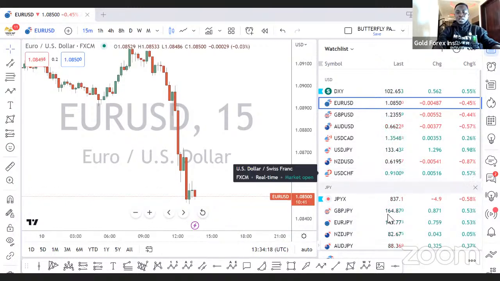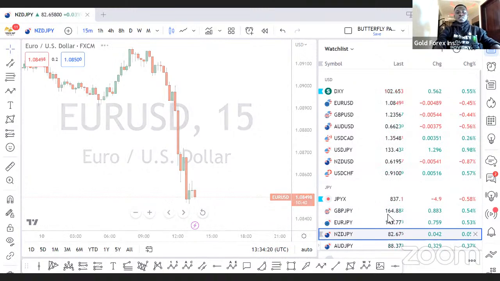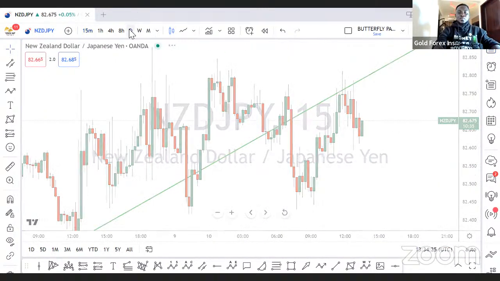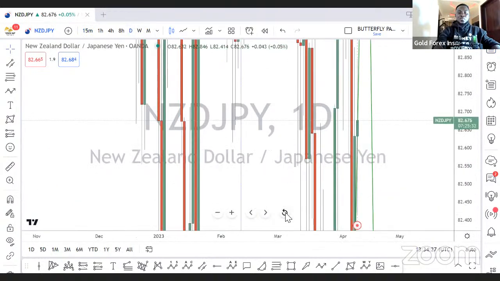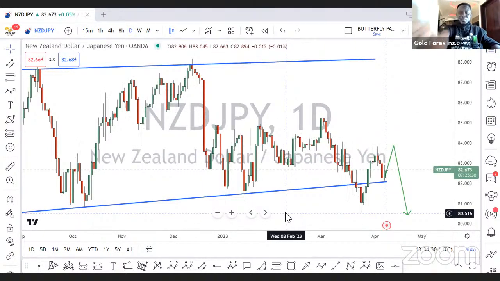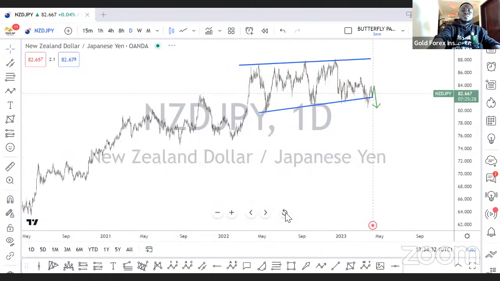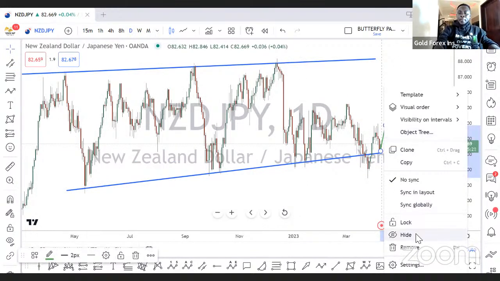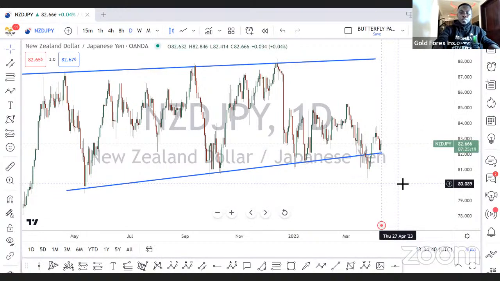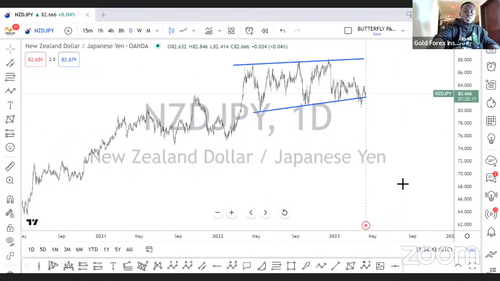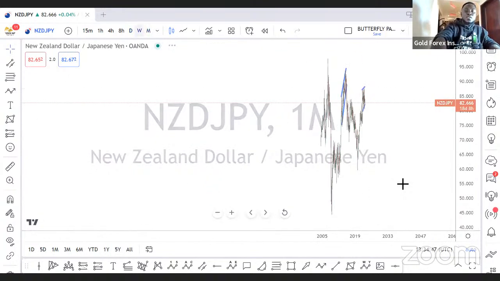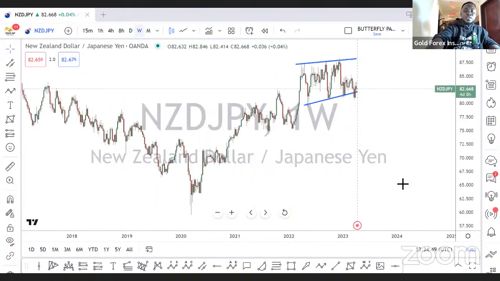Okay, so let's look at the others. NZDJPY. I don't like this setup, because there's been a troll over here.